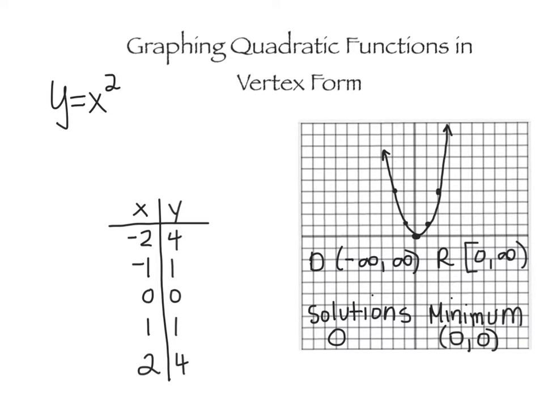They all also have either a minimum or a maximum value. Since this is a minimum, this guy has a minimum value. The minimum value is the y of the vertex. So the minimum value here is 0.